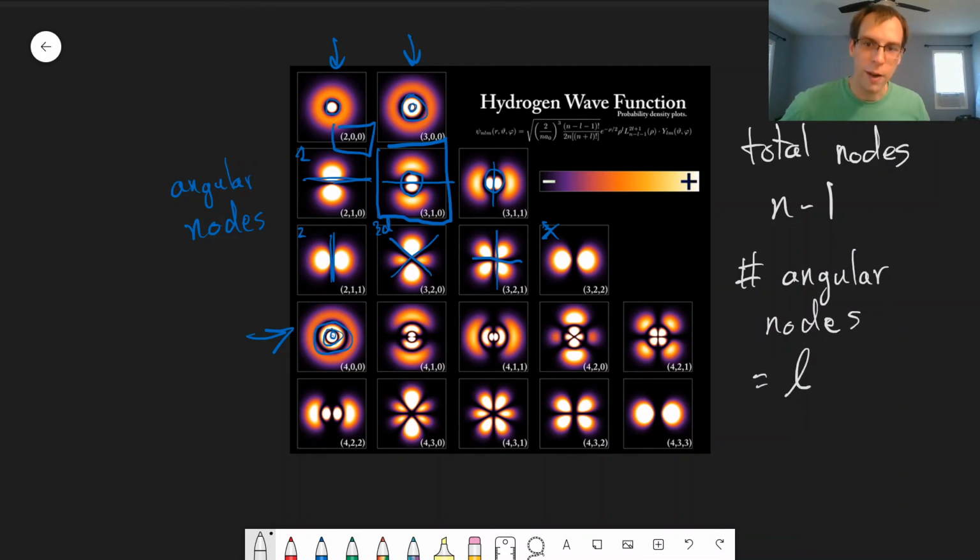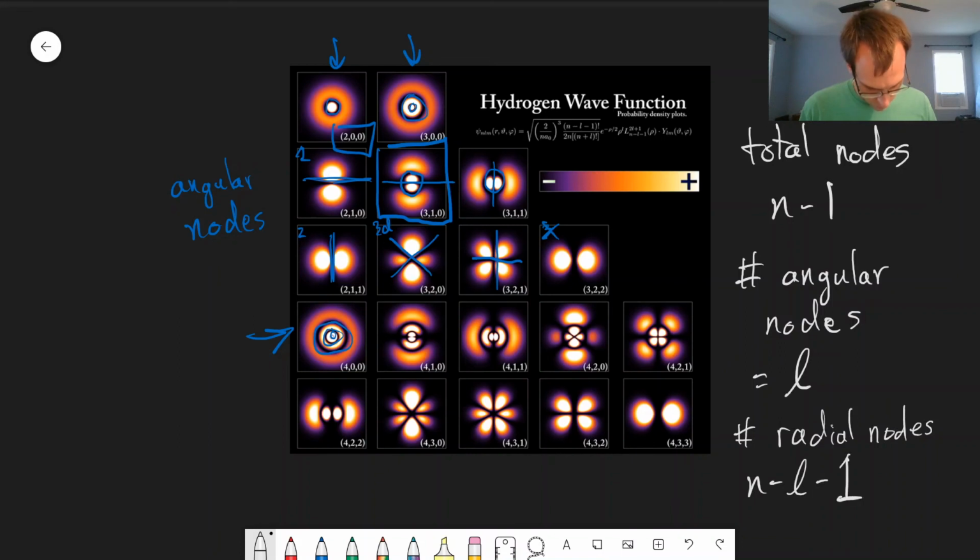So whatever our value of l is, that determines how many angular nodes we have. And so the number of radial nodes is simply the difference between those, so it's n minus l minus 1. And that's an easy way to keep track of how many nodes a particular wave function should have.